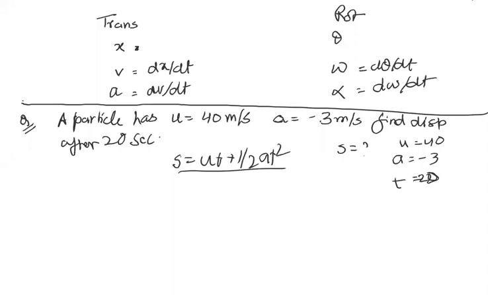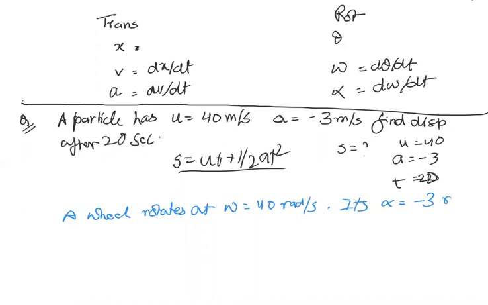So the analogous question that I will give you in rotation will be something like this. A wheel rotates at omega is equal to 40 radian per second. Its angular acceleration is minus 3 radian per second square.